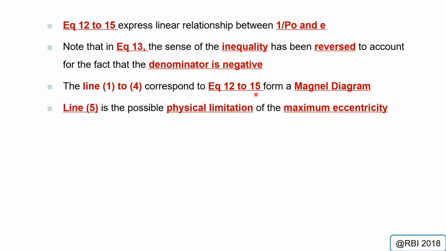You will also see in the Magnel diagram what we call line 5, which represents the physical limitation of the maximum eccentricity.